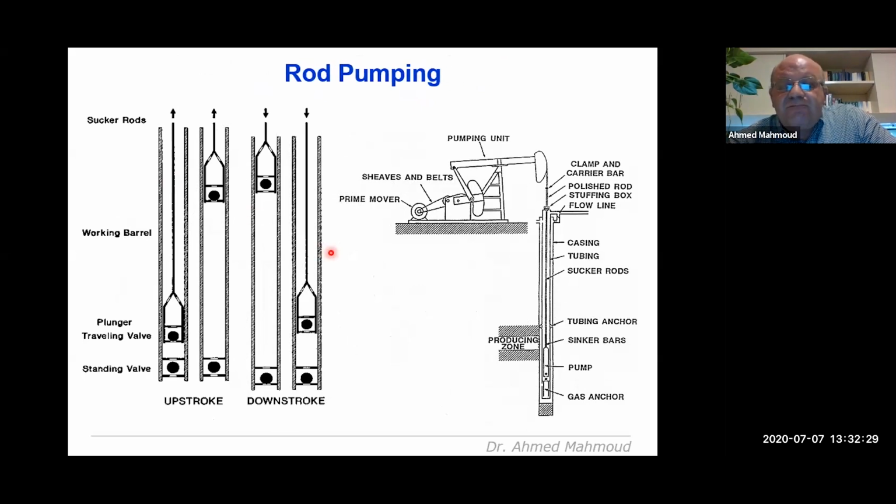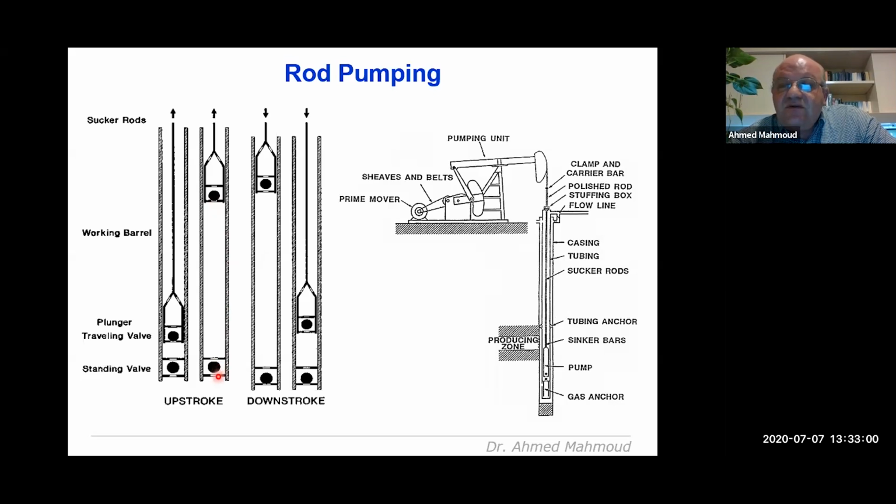So what does it look like downhole? Downhole is very simple. One valve is called the standing valve, and this is static, it doesn't move, and one valve is called the traveling valve. On your way up, as you're pulling the sucker rods up, the standing valve will be open. It's like a ball on a seat in a check valve concept. And the ball here will be seated on a seat, so the traveling valve is closed.